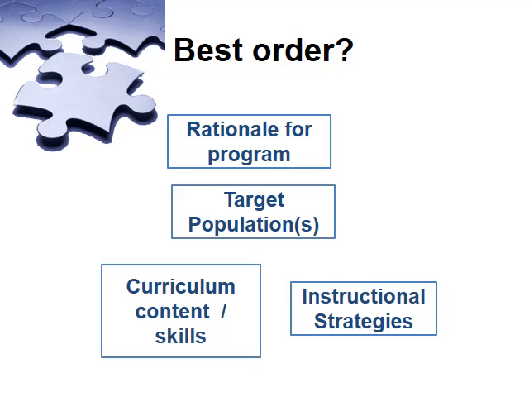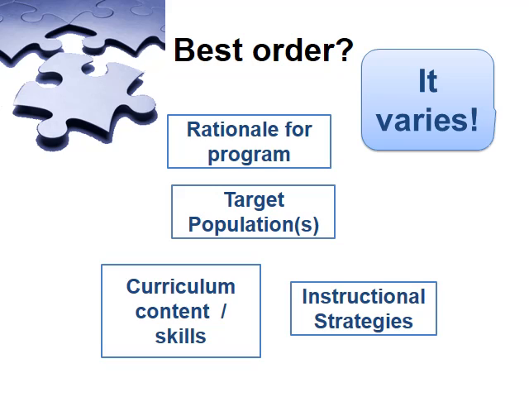And then as to which comes next, I tend to do the curriculum and content and skills, and then instructional strategies. But the best order varies. If you can come up with a reason to put these in a different order, that's fine. You may want to integrate content with strategies, in that it may be that some content is best delivered using specific strategies.